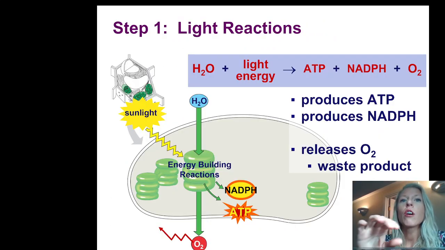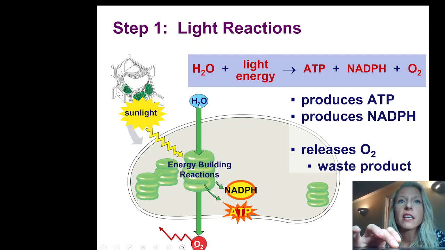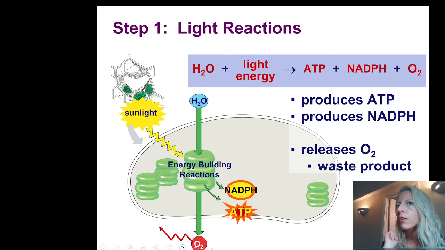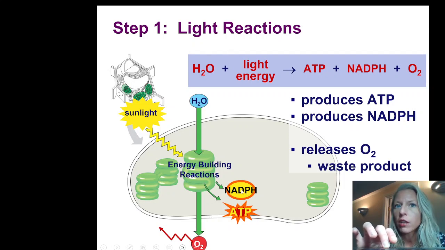Okay, so in the basics, we've got sunlight coming into the thylakoid. It is also taking in water, and this is where we get our byproduct, our waste product of oxygen. Very important waste product, right? So we get our oxygen from our water, and then from our thylakoid membranes, we produce NADPH, our electron carrier, and some ATP.